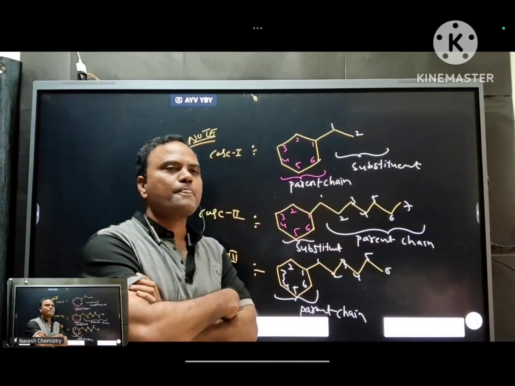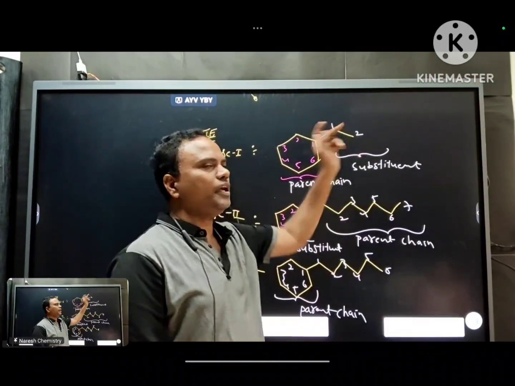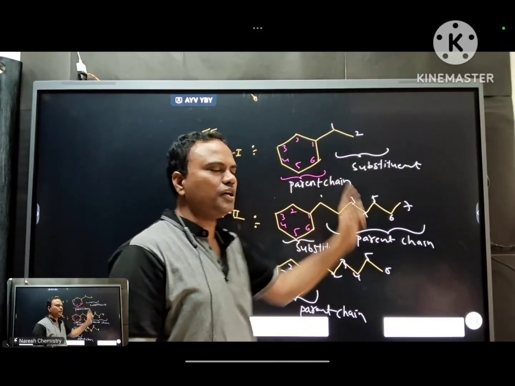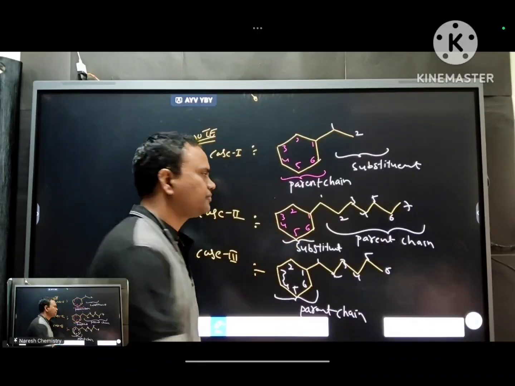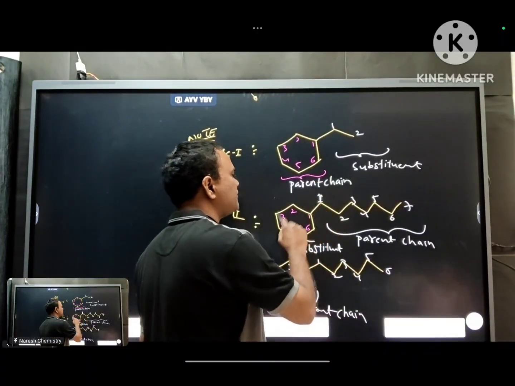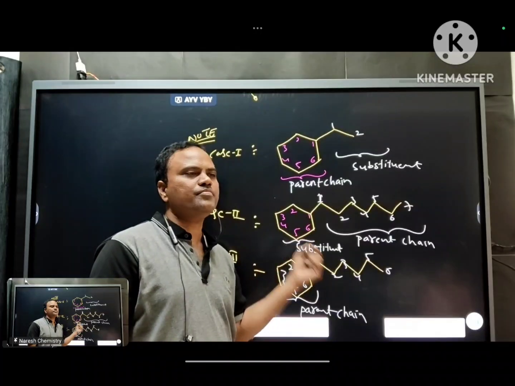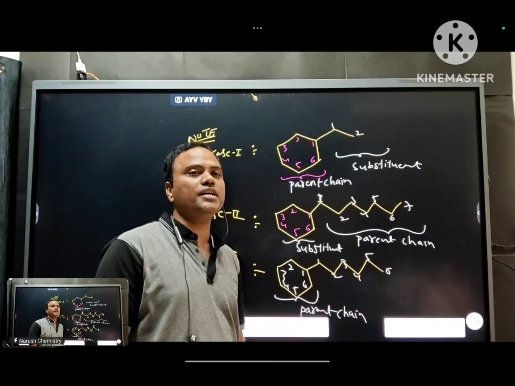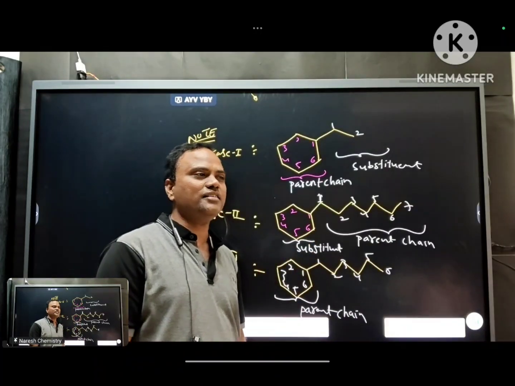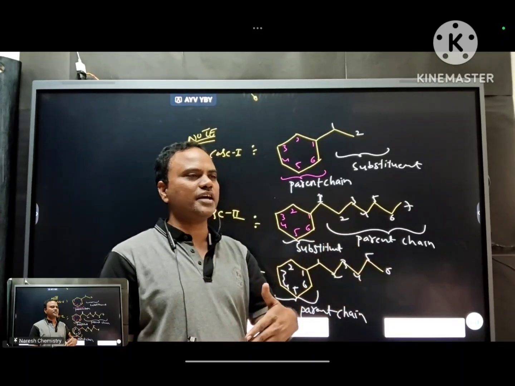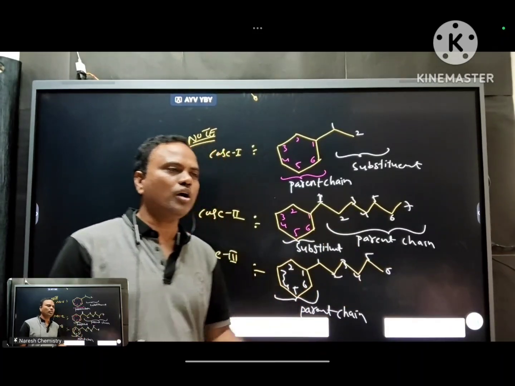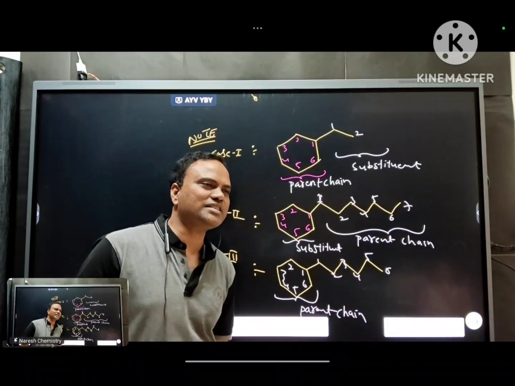Now give its name. This is ethyl cyclohexane. Then this is a substituent, no? How many carbons are present? Six. Cyclohexyl. Cyclohexane as a substituent, what do we use? Cyclohexyl.